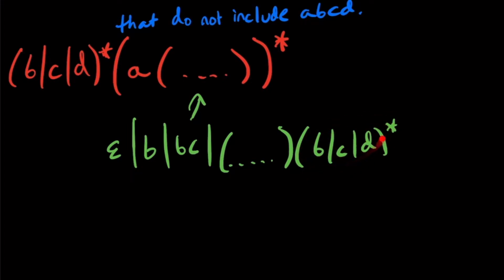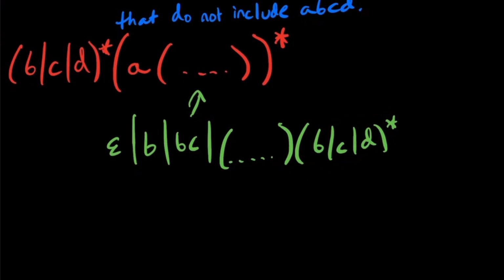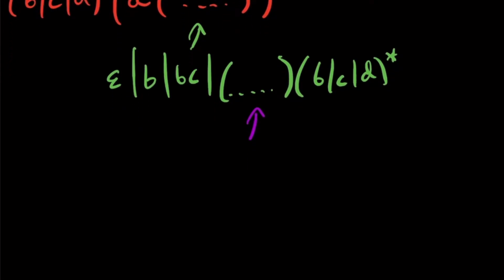We can have any B's, C's, and D's we want. There are many ways to do this, obviously, but one way to think about it is, let's go purple. If I have a B by itself, then it doesn't matter what happens after that before the next occurrence of A, because we've avoided the ABCD substring.